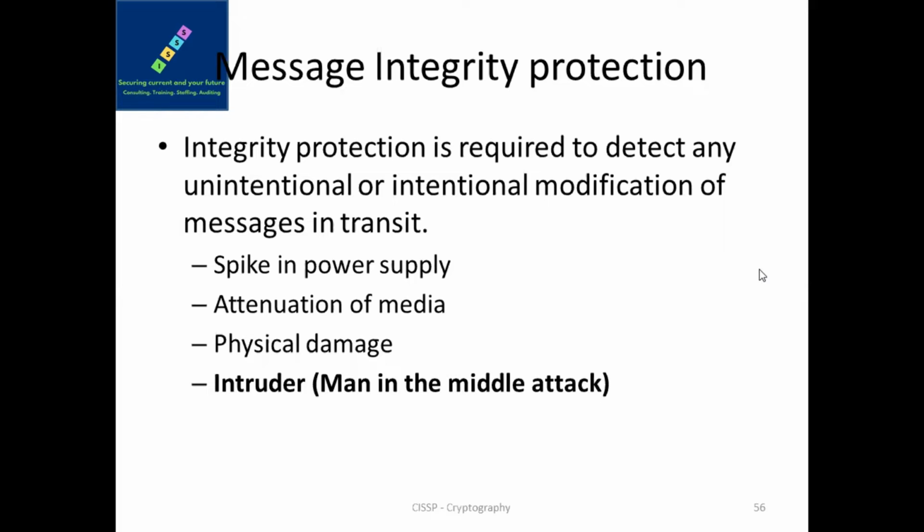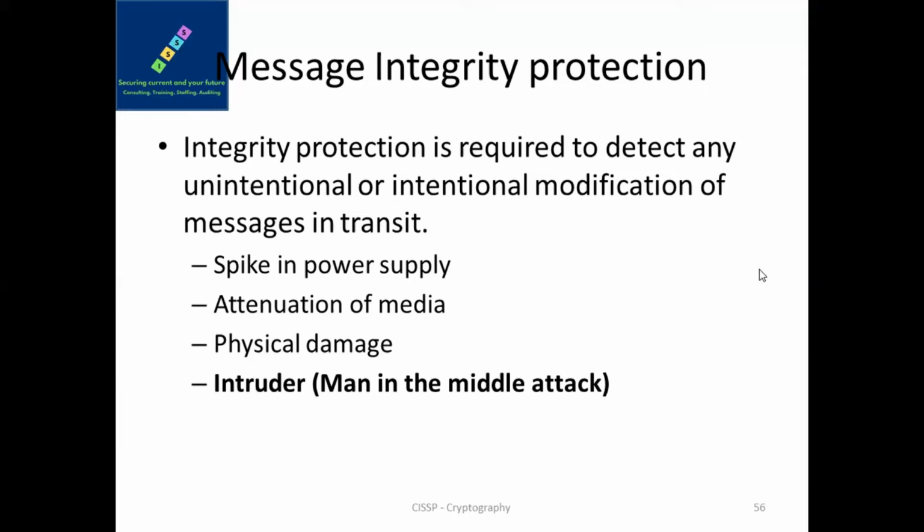Now, coming on to integrity protection, an integrity issue need not be a man-in-the-middle attack. There can also be an unintentional integrity issue. It could be tampering of the data, because if you have been tying your network cable and the power cable together, that is also an audit point in an ISMS audit.